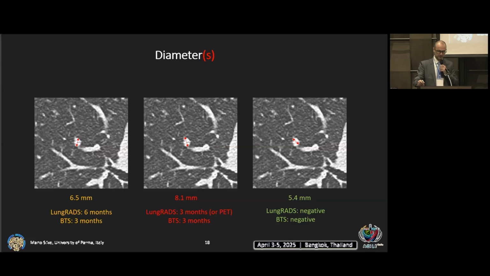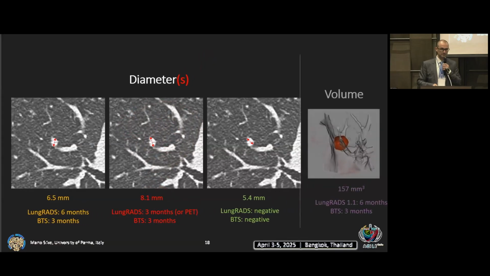Basically, the diameter. You can use maximum diameter, which is more prone to misinterpretation, or you can use mean diameter, depending on the guideline that you're using, which is less prone to misinterpretation. But the concept is that a polygonal morphology of a nodule has infinite diameters, but one volume.